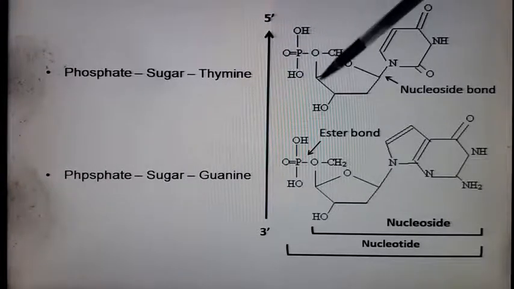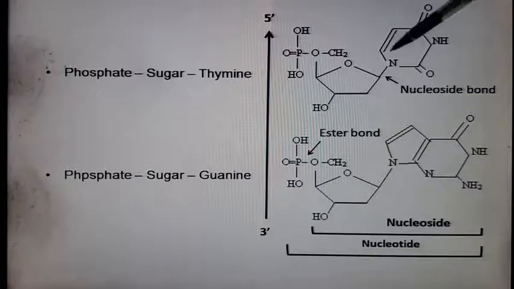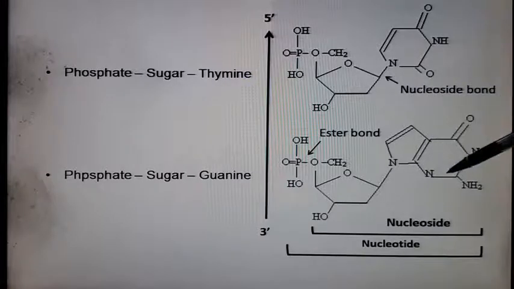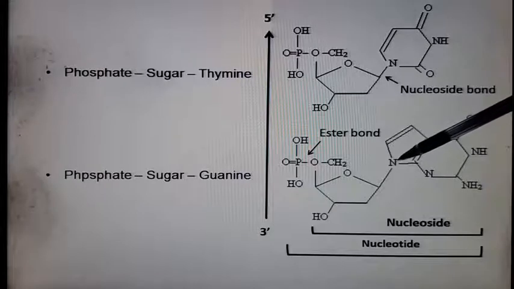Here is the pentose sugar and its first carbon is here. The pyrimidine molecule is numbered like this: 1, 2, 3. So a 1, 3 nucleoside bond is formed with pyrimidine. And here the numbering is in the opposite way: 1, 2, 3, 4, 5, 6, 7, 8, 9.